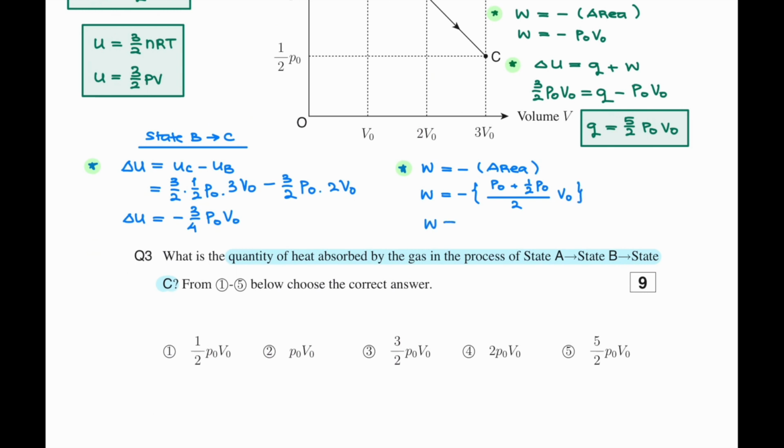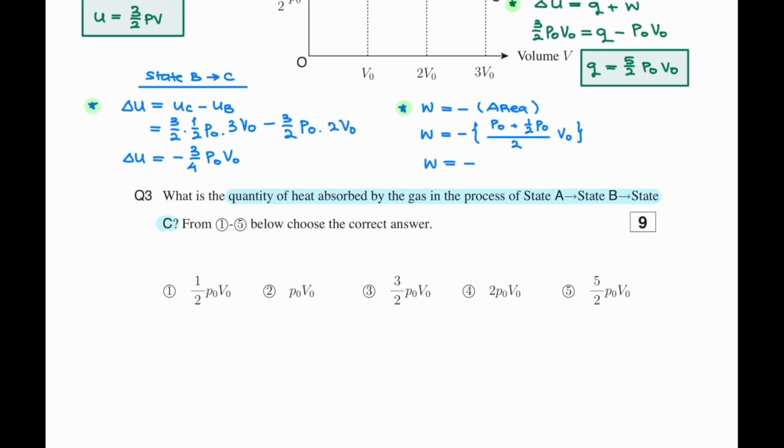If you simplify it, you will get 3 over 2 PO VO over 2, so W is negative 3 over 4 PO VO.